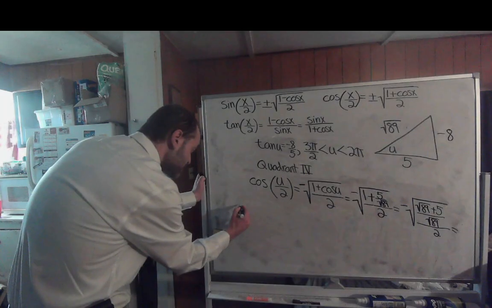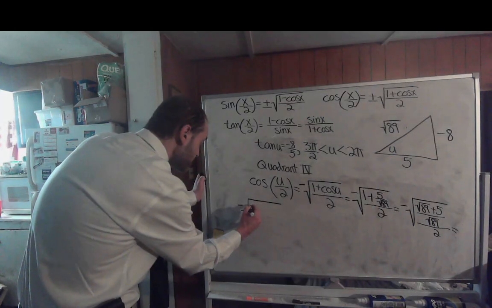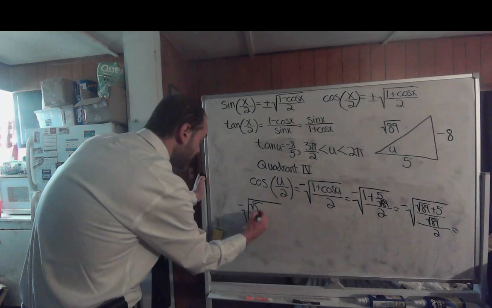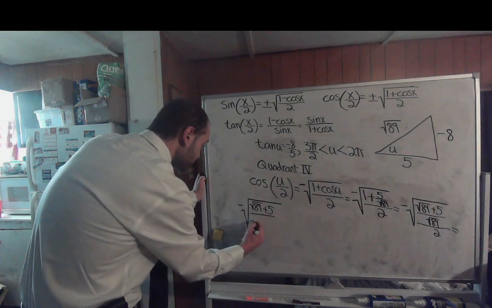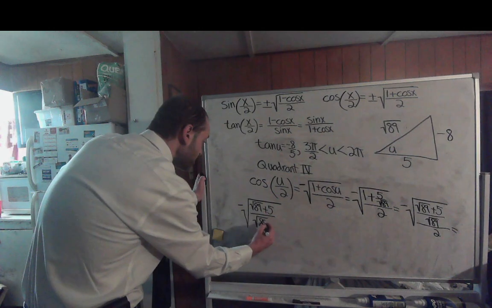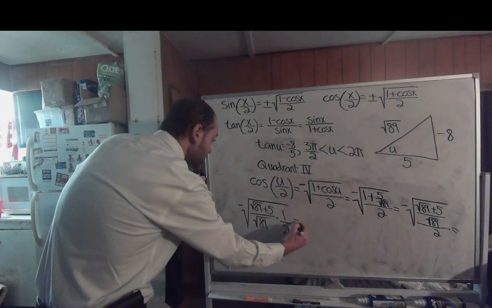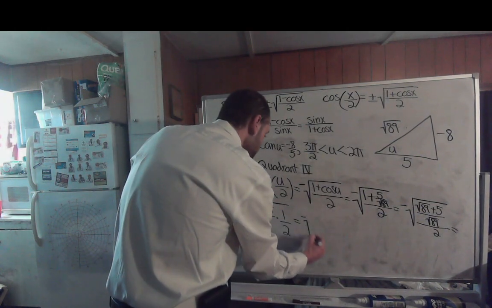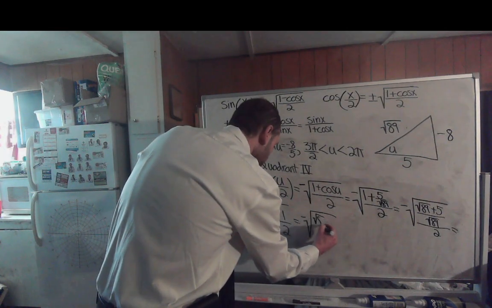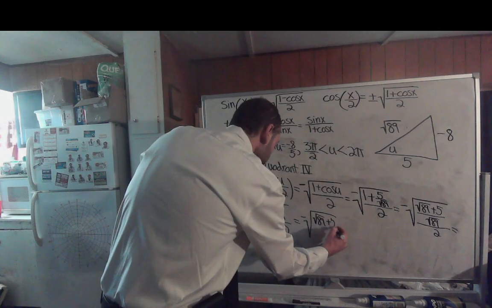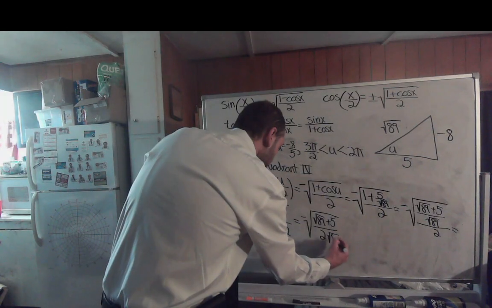Let's simplify further. This would end up being the square root of (89 plus 5) all over the square root of 89 times 1 over 2, which would be negative of the square root of (89 plus 5) all over 2 times the square root of 89.